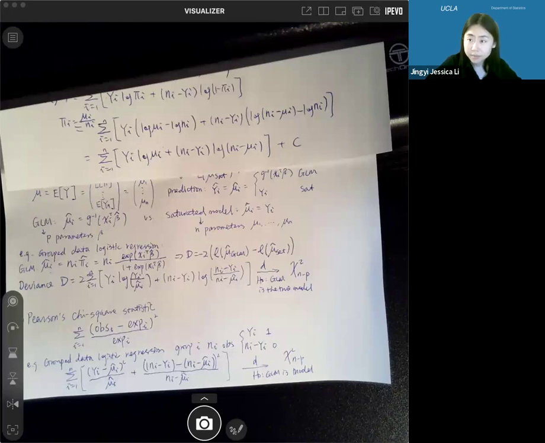Something you might have learned about the Pearson chi-square statistic is, I don't know how many of you have heard about Fisher's exact test. For that kind of problem, if you want to know whether two factors are independent or not, you can also use this approach. In that case, your expectation will be under independence.